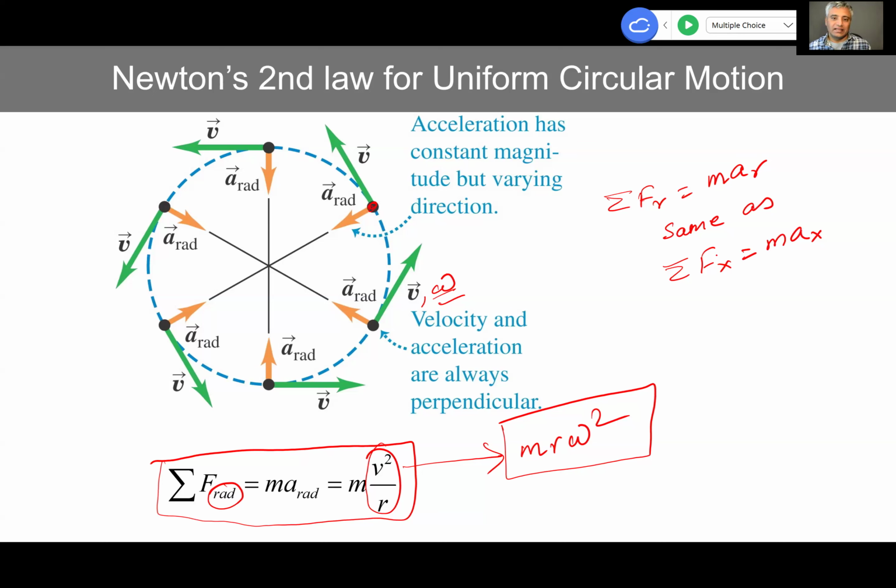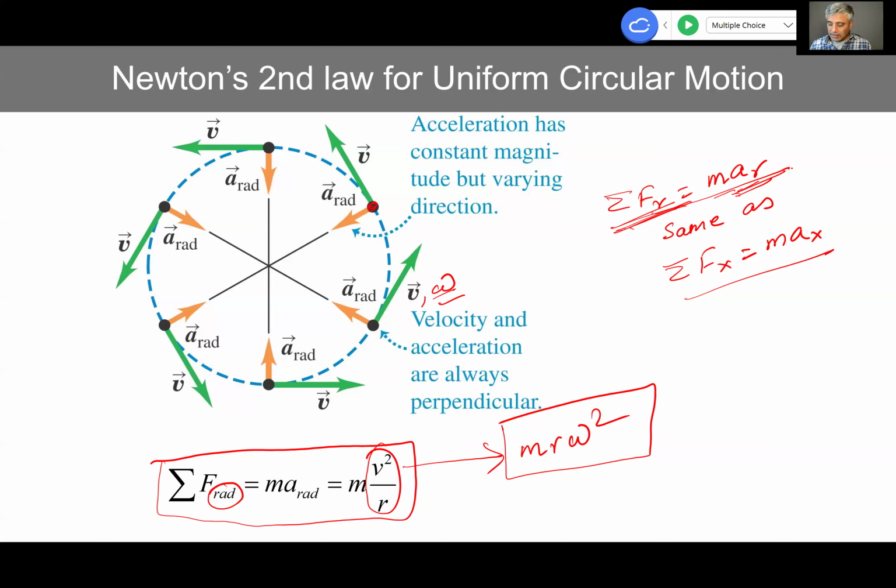When we read this, the sum of forces in a particular direction is equal to mass times acceleration in that direction. Same idea here, that direction is radial when something is moving in a circle. Something is moving in a circle because there is a net force acting towards the center of the circle. How do I know? Because acceleration is towards the center of the circle. So that's how I like to use Newton's second law for an object moving in a circular path.